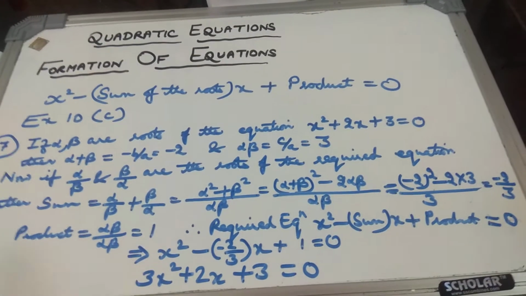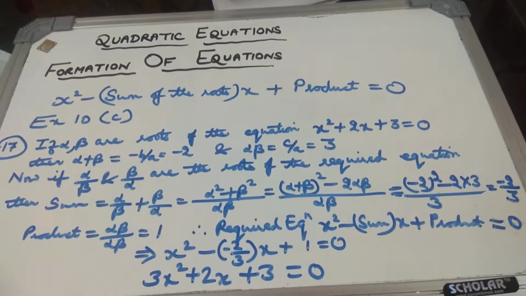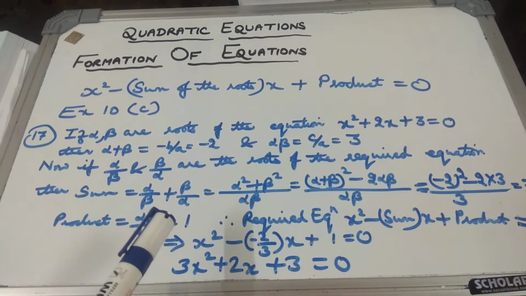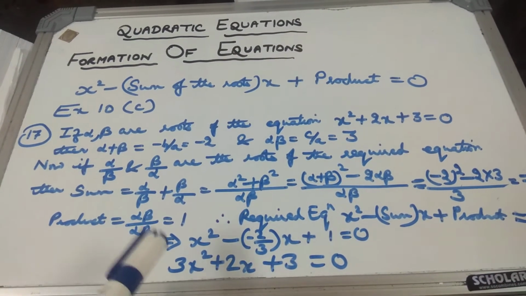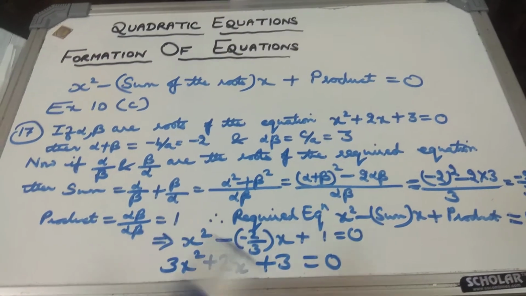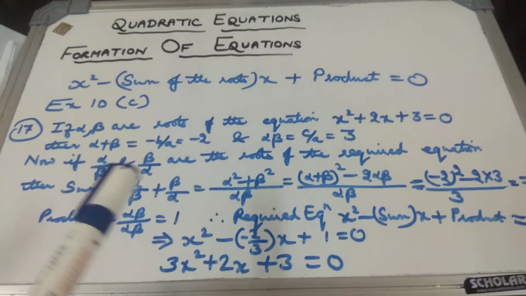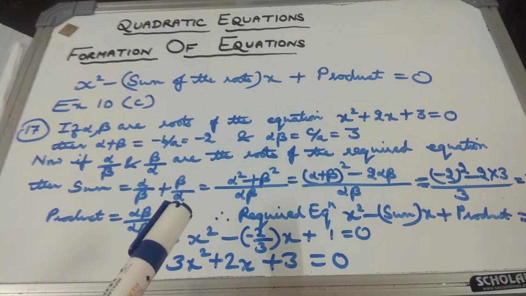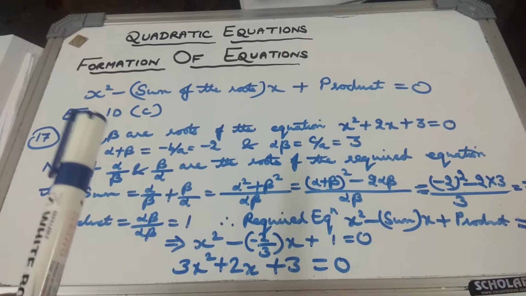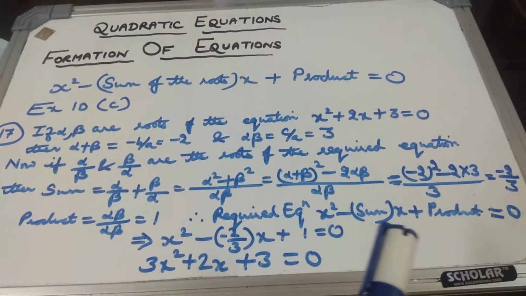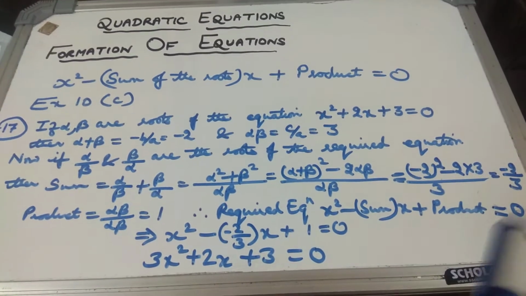which is coming equal to minus 2 upon 3. Now the product of the roots will be, if you multiply alpha upon beta into beta upon alpha, it is automatically becoming 1. So you don't have to do anything because it is already becoming 1. Now according to our formula, the required equation is x square minus sum into x plus product.